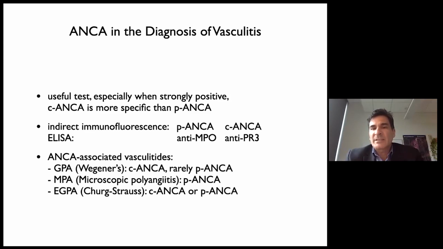These antibodies can be tested either by immunofluorescence or using ELISAs, and here the P ANCA corresponds to the anti-MPO myeloperoxidase antibody, and the anti-proteinase 3 corresponds to the C ANCA. The ANCA-associated vasculitides are GPA, MPA, and EGPA, and the GPA in particular is associated with a C ANCA.